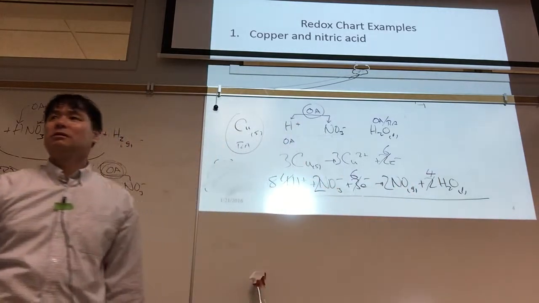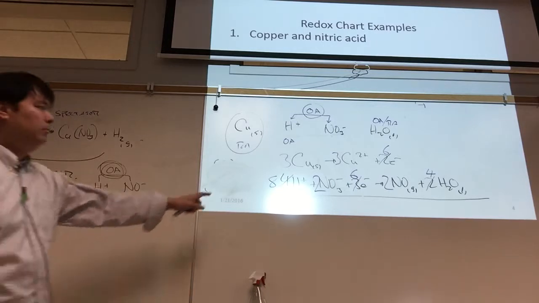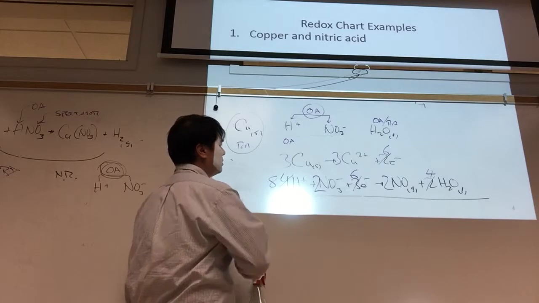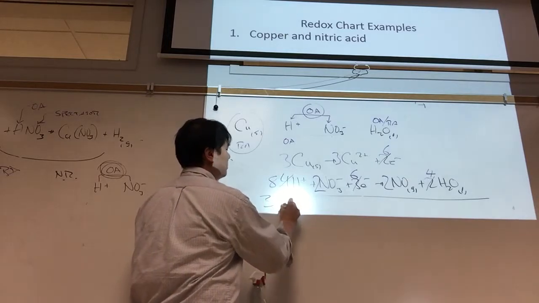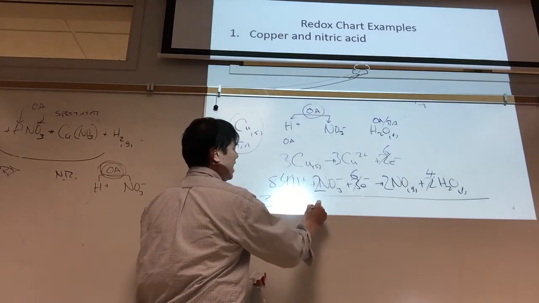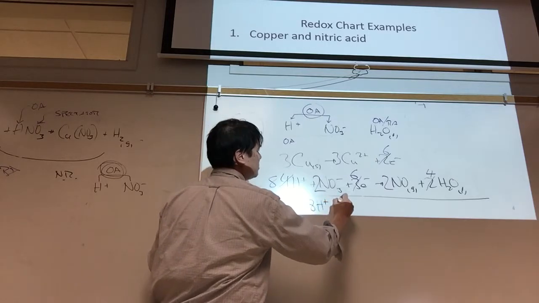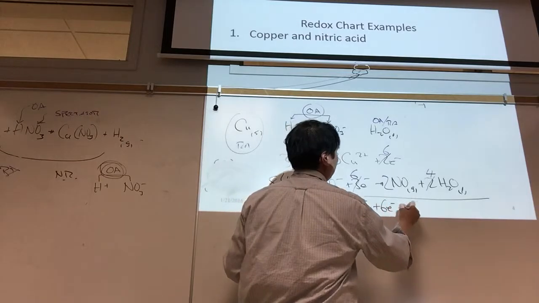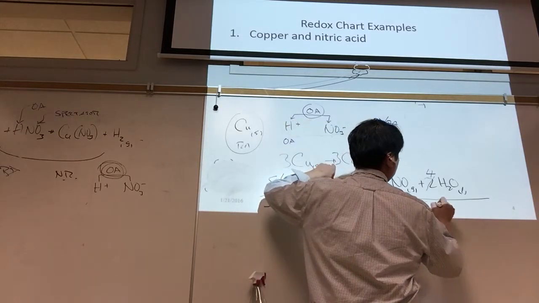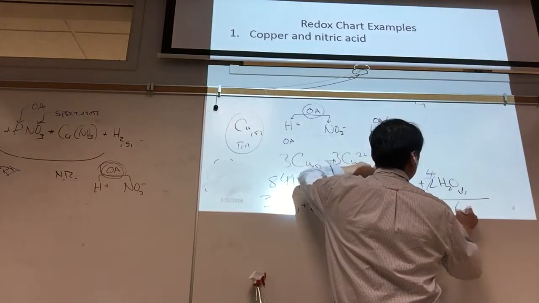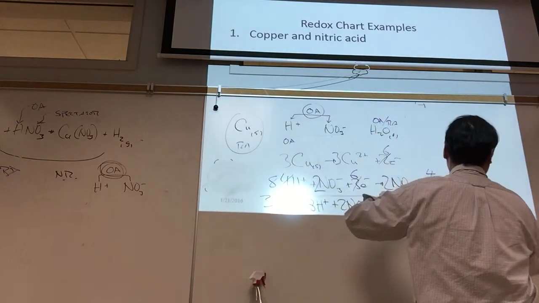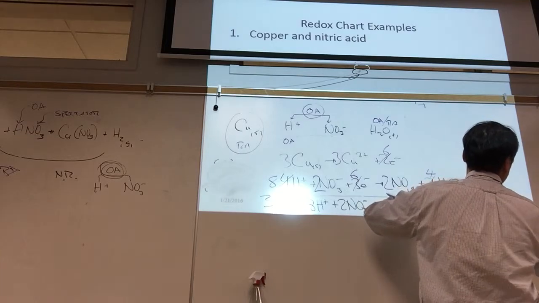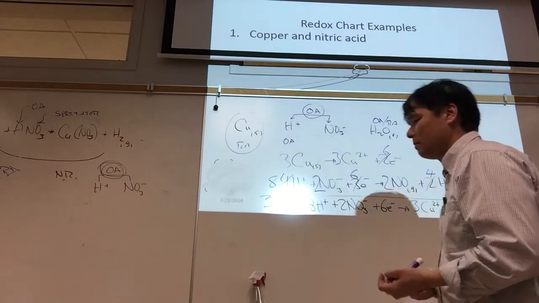Then that works. Now I'm producing 6 electrons, consuming 6 electrons, and I get this: 3 copper solids plus 8 H+ plus 2 nitrates plus 6 electrons yields 3 Cu2+ plus 6 electrons plus 2 NO gas plus 4 H2O liquids.